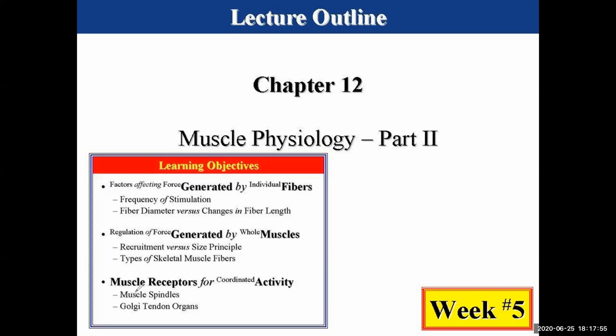So this last part is about the sensory component, information being sent back to the central nervous system, allowing it to really know what's going on in the periphery, at the effector organ level, meaning the skeletal muscles. So that's the gist for the second part of chapter 12.